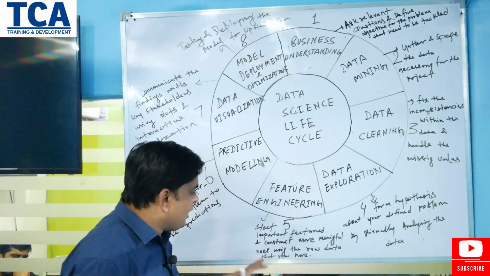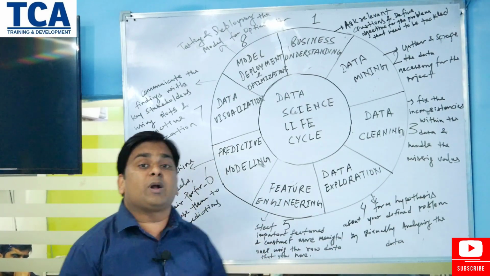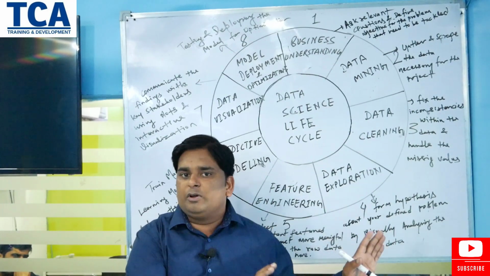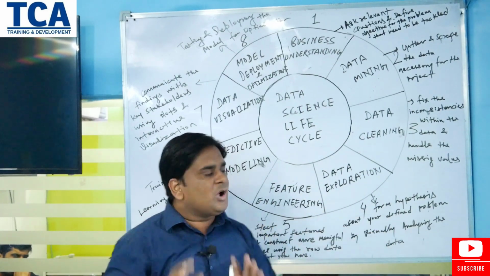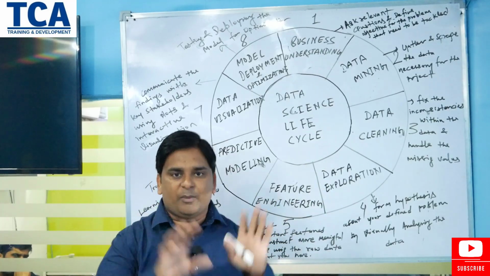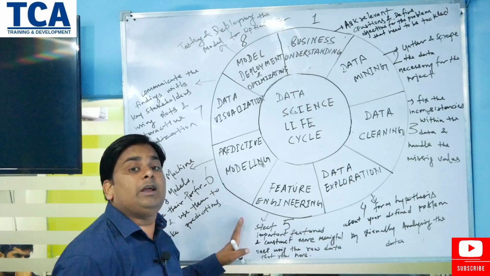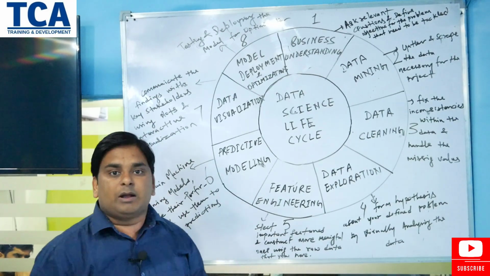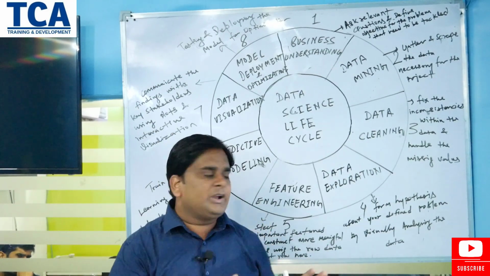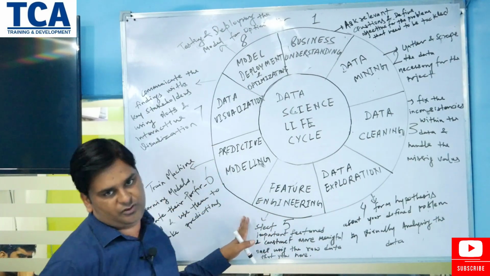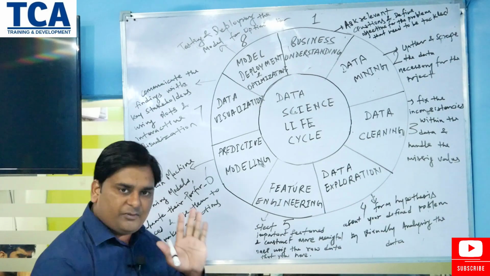So if we have raw data, where can we construct this into a meaningful resolution? It comes with engineering only. You have cleaned the data, you have explored the data, all the materials are with you. Now to get it into a real constructive manner so that it can perform a relevant task for your business, definitely you need feature engineering. So that's the fifth stage.